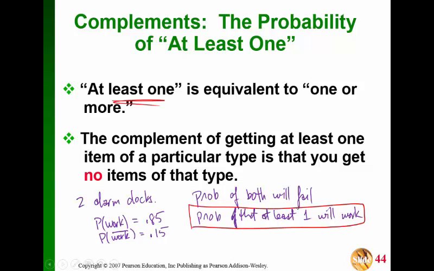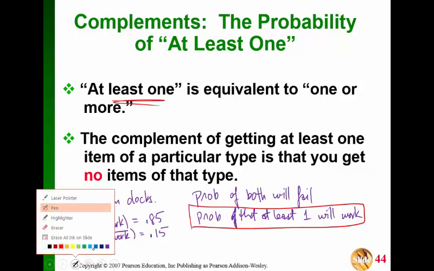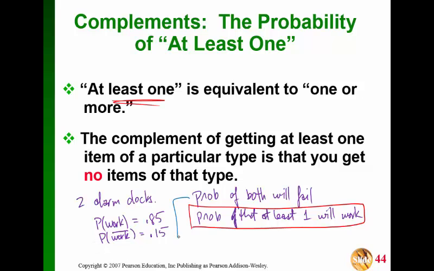Okay, so let's find this probability that both of them will fail. That would just be the probability that one of them won't work times the probability that the other one won't work, right? So the probability of not working, times the probability of not working.